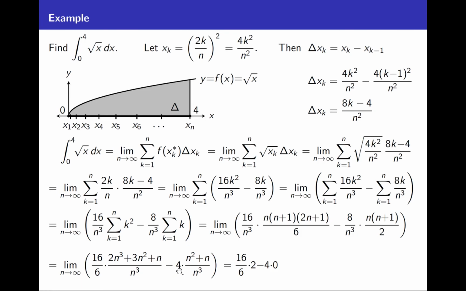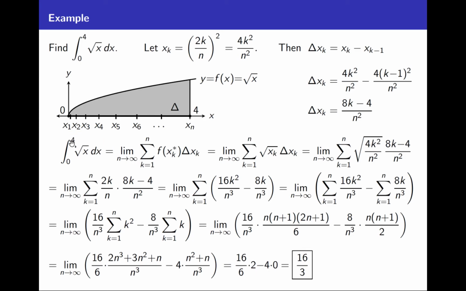Then we subtract out 4 times the limit as n goes to infinity of n squared plus n over n cubed. And look at that, the highest power of n is on the bottom. And remember, in such a limit as n goes to infinity, you get 0 for the limit. So the second term becomes minus 4 times 0. Working that out, we've actually got an answer, 16 over 3.